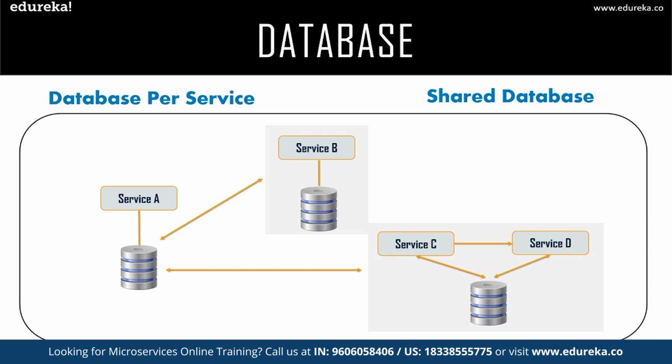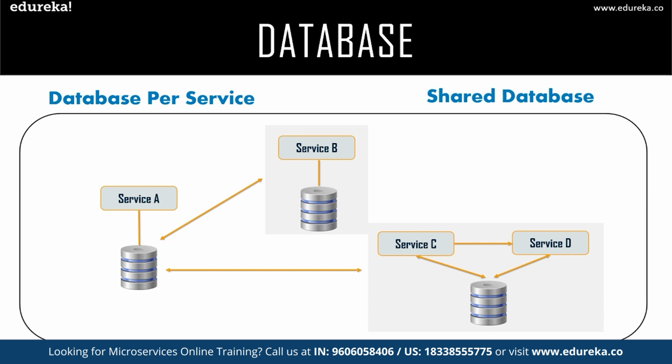So either the system can have the database per each service, or it can have shared database per service, right? So when I say database per service, what I mean is that each microservice in the system will have a specific database for themselves. And shared database per service is basically when 2 or 3 microservices together share a specific database, right? Now you can use the database per service or shared database per service to solve various problems.